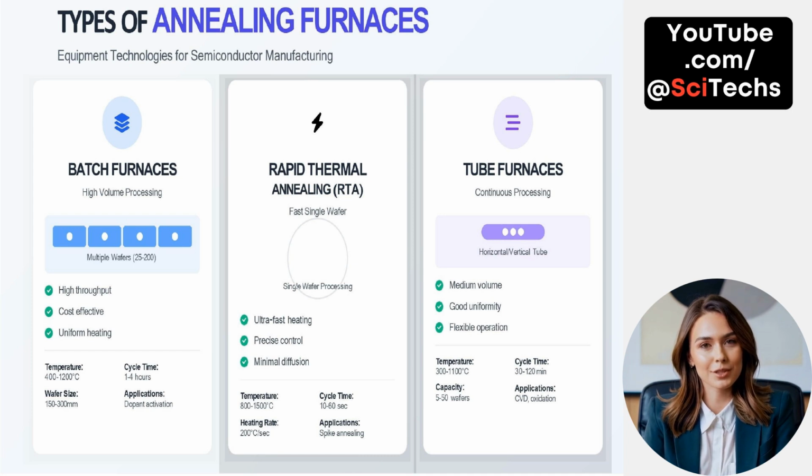Lastly, tube furnaces support continuous processing in horizontal or vertical configurations. Suitable for 5 to 50 wafers, they provide medium volume processing, excellent uniformity, and are commonly used in CVD and oxidation applications with cycle times of 30 to 120 minutes.